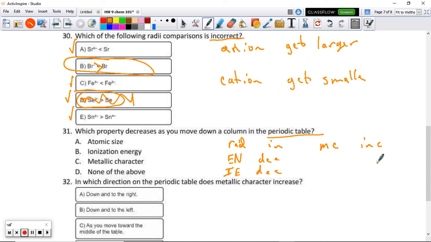So of the choices that we have, atomic size, which is radius, it increases. Ionization energy decreases.